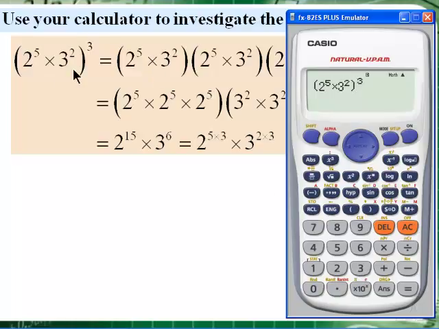Right, so this is the initial expression. Calculating this, we get this quite large numerical answer, and then we use the calculator to find the prime factorization, and we obtain exactly the result we have seen here, namely 2 to the power 15 and 3 to the power 6. And we observe then, to get the final answer, we simply multiply the 5 by the 3 and the 2 by the 3.